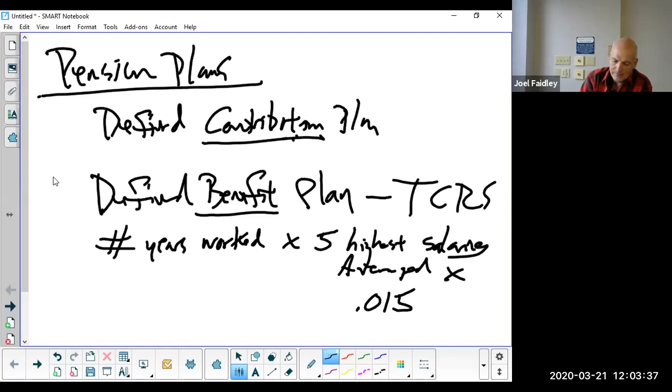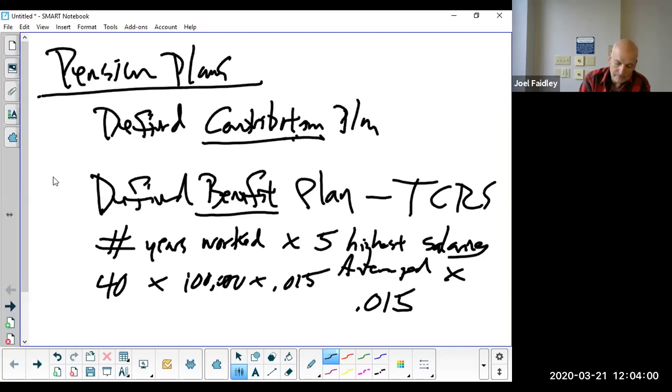But the defined benefit plan, take for example, if you put in 40 years for the state of Tennessee, ETSU, times, let's say you end up averaging, I don't know, 100,000. Your 5 highest salaries in the last 5 years was 100,000. Times 0.015 tells you what your annual benefit's going to be.